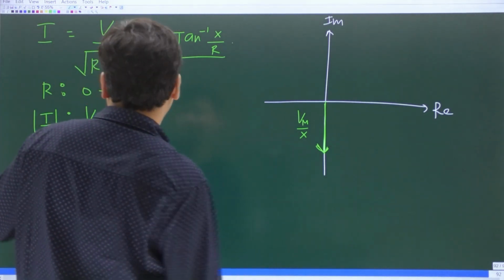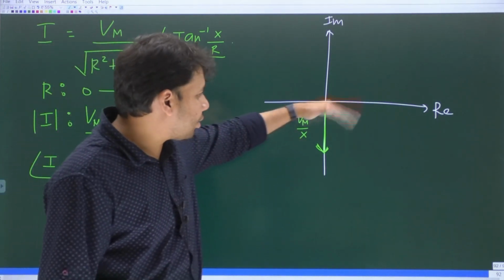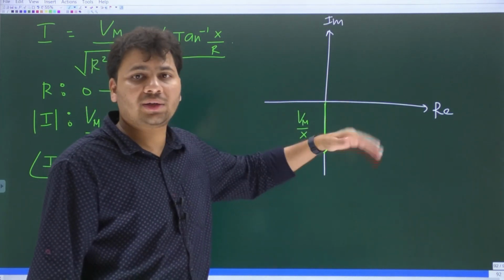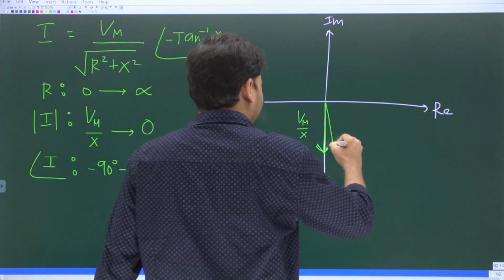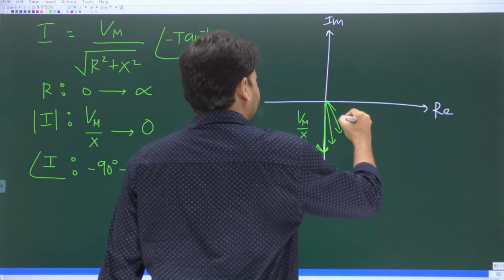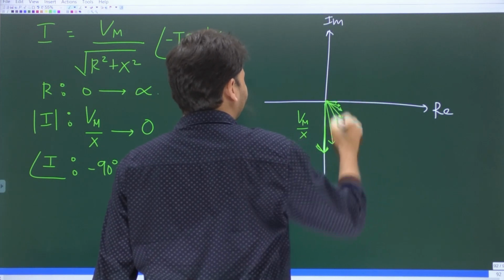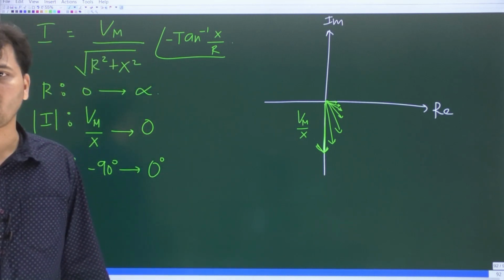Then as the value of r goes from 0 to infinity, the phasor will rotate towards the positive real axis. But as it rotates, the length of the phasor keeps decreasing. So it will do this, this, this, and finally like this. That's all. This is how the phasors are going to be.